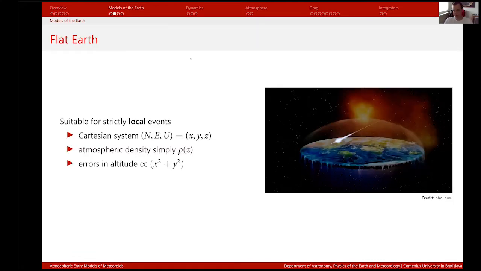As for the Earth, when I started my former master's thesis, I was advised to do this on a model of a flat Earth, which is suitable for local events.